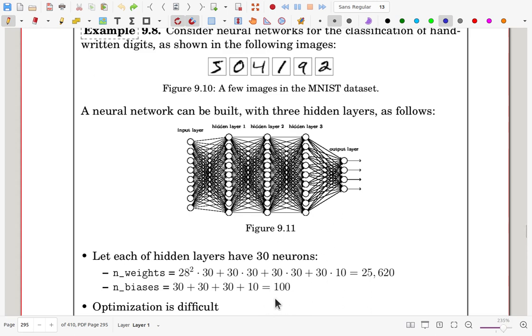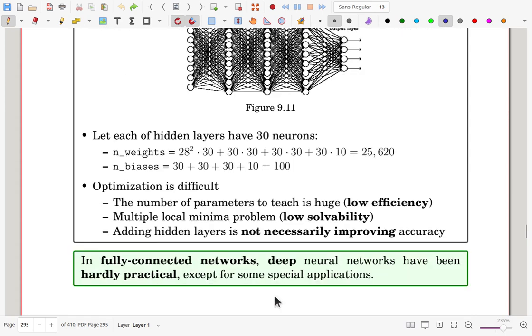With this larger number of weights and biases, optimization is not easy. The number of parameters to teach is huge, so the efficiency is low, and it can have the multiple local minima problem, so the solvability is low.